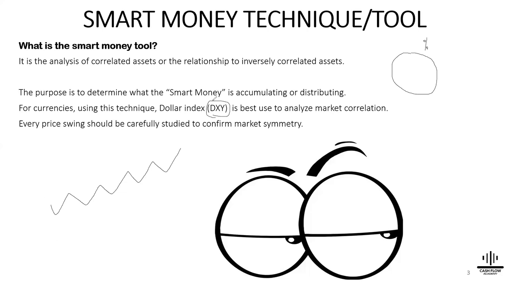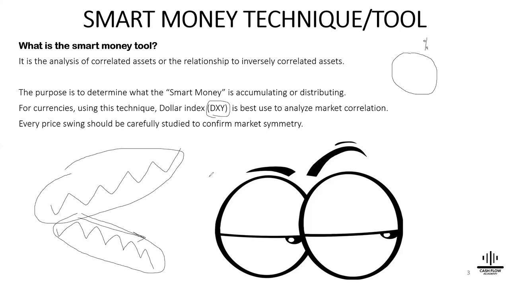Since the DXY is a measure of the strength of the dollar against foreign currency, we want to see the pound in a downtrend, meaning that the DXY is inversely correlated to the pound. Then for a direct correlation, the Canadian dollar and gold are directly correlated. So if gold is trending, the CAD also should be trending. So this is direct correlation.